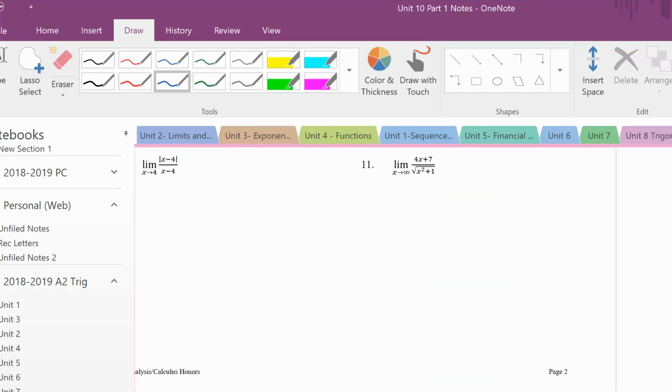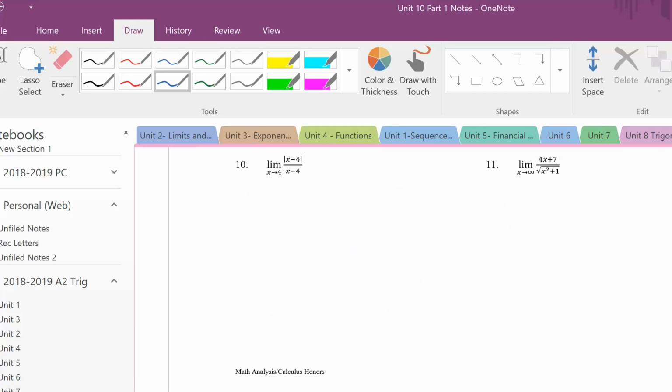All right, so let's look at 10 and 11. Well, number 10, notice if you put the 4 in, you get 0 over 0, which is indeterminate. Now, the absolute value of x minus 4 is a piecewise function.